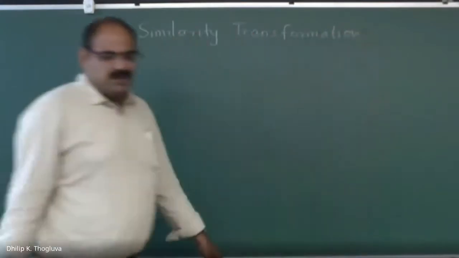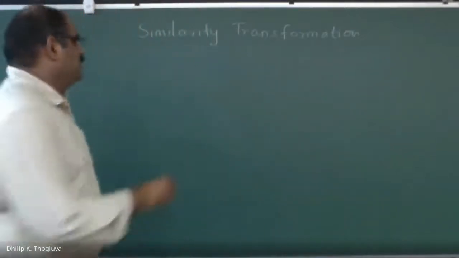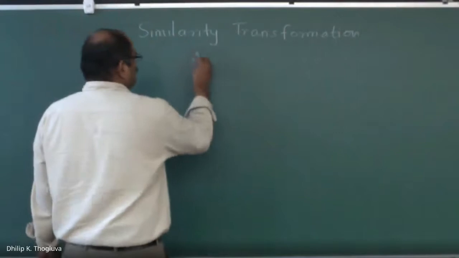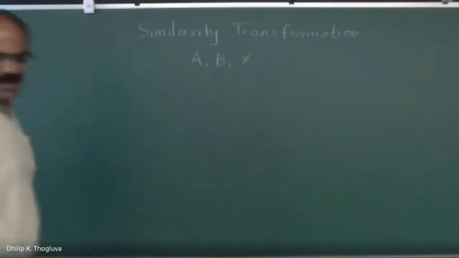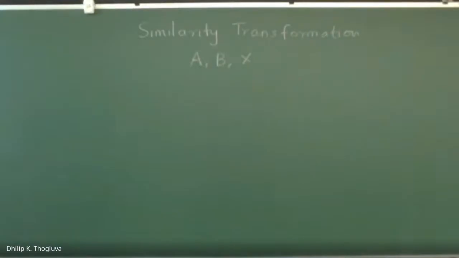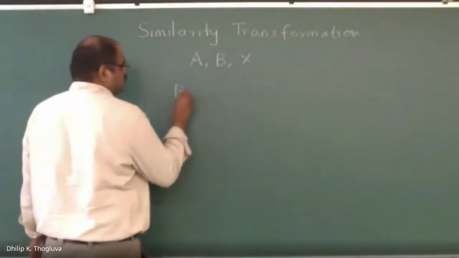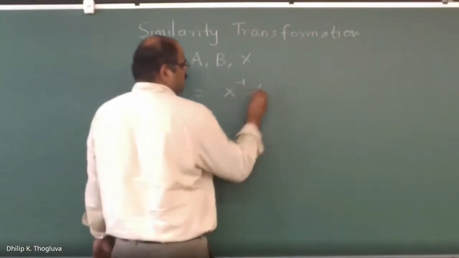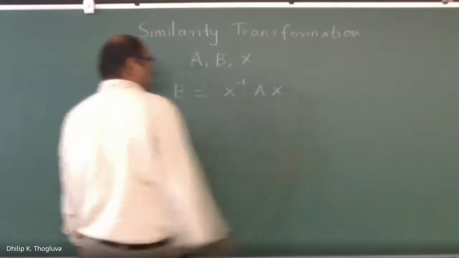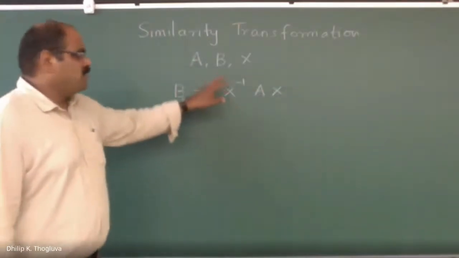Say you have at least 3 elements in a group, say A, B, and X. Then we can write B as X inverse A X. So this is called similarity transformation.